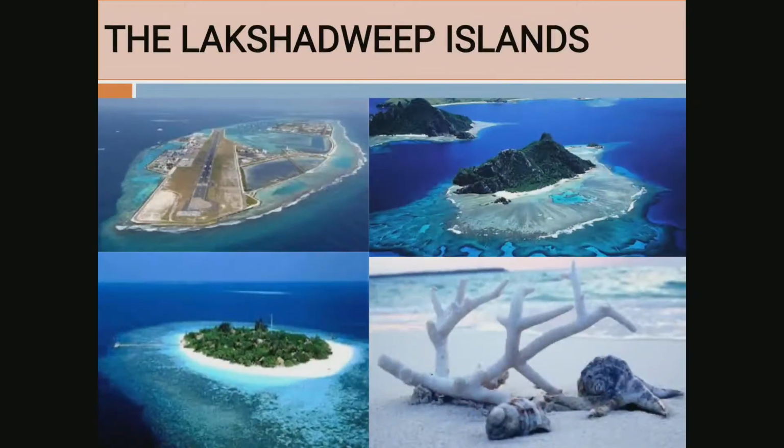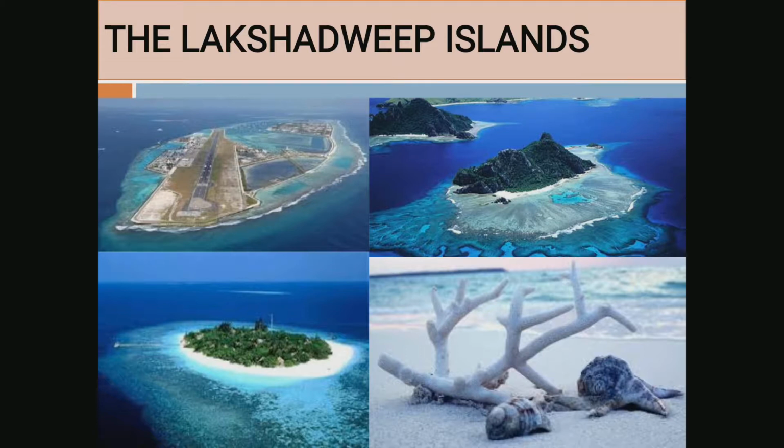Dear student, you are seeing the picture and the beauty of Lakshadweep Island. The capital of Lakshadweep is Kavaratti. The Lakshadweep Island group lies close to the Malabar coast of Kerala.